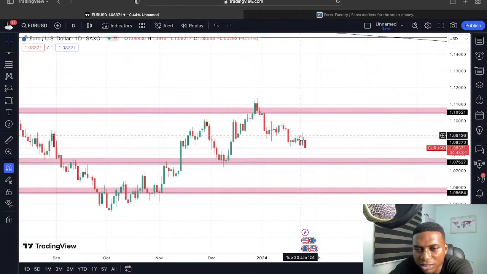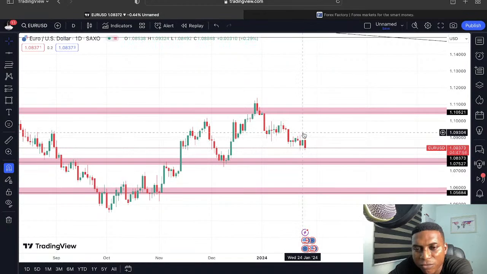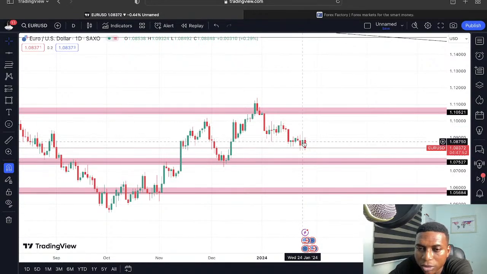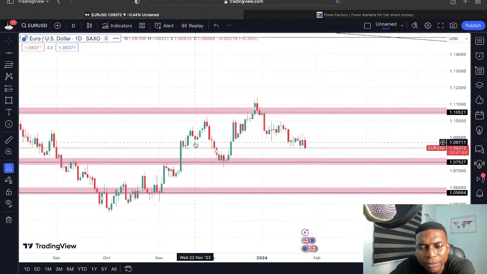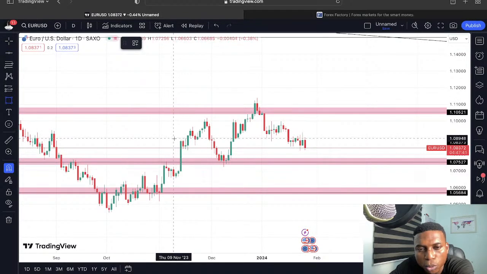Okay, we can see this candlestick opened up here, followed by this candlestick that had so much sell pressure. Okay, and now we can see that at this level here is one very important level to watch.